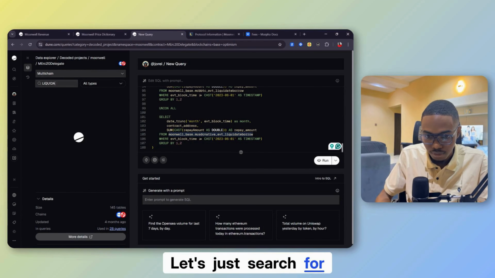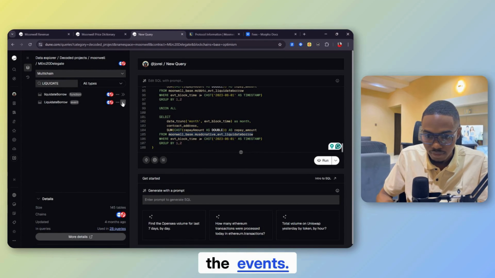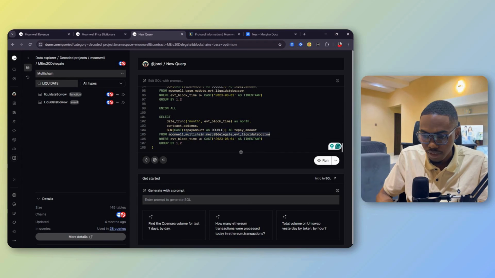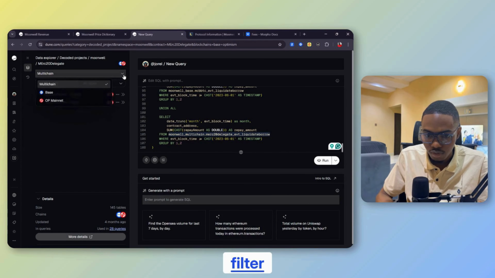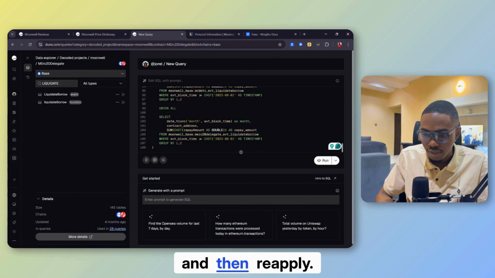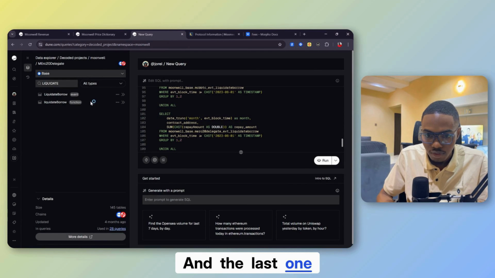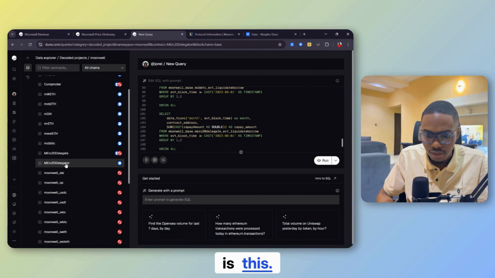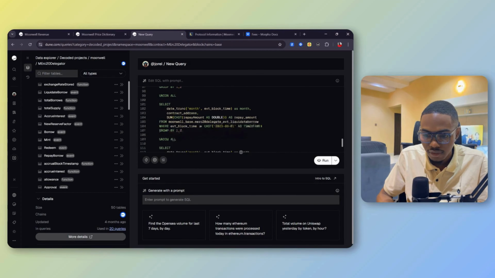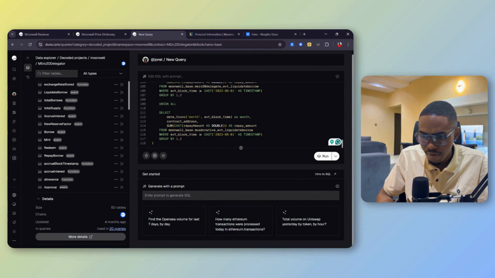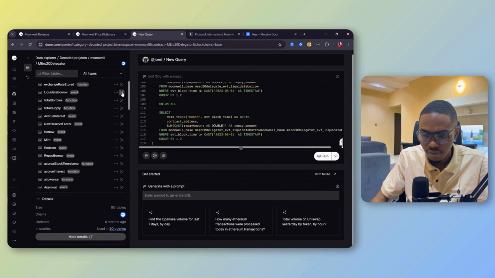Let's just search for events, and I only want Base, so I'm going to filter for Base, then reapply. And the last one is this.